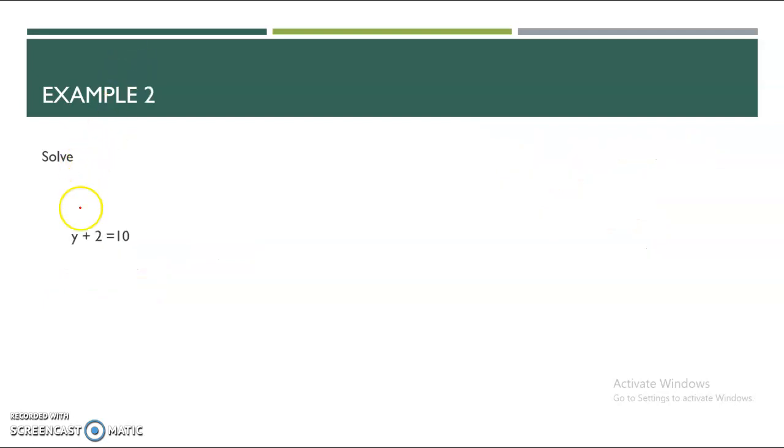All right, so again, our goal is to get y by itself. And this is +2, so I need to zero out my constant. And in order to zero out my constant, I'm going to subtract 2. And so we're using SPO, or my subtraction property of equality. And so the y comes down, because we didn't do anything to the y. And +2 minus 2 is 0, which is what we want.